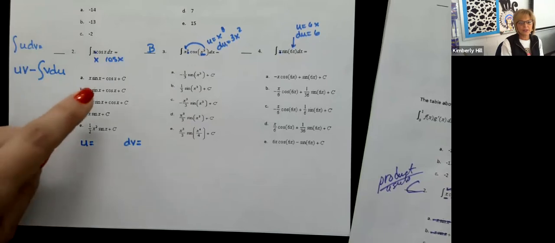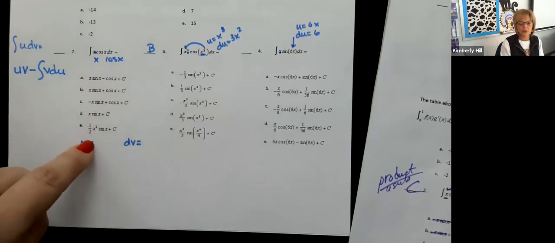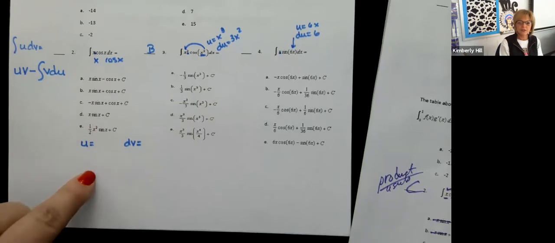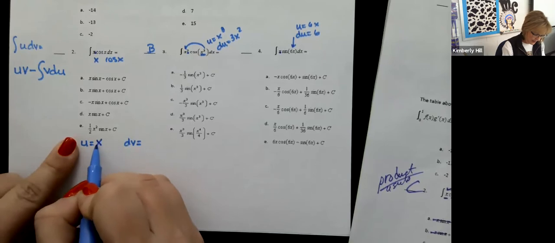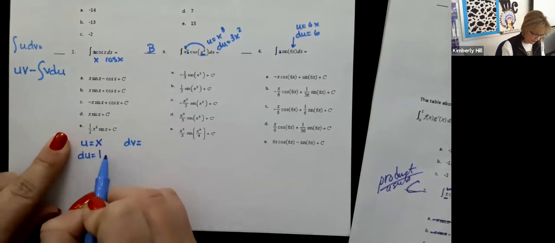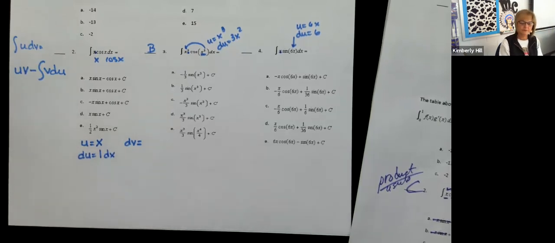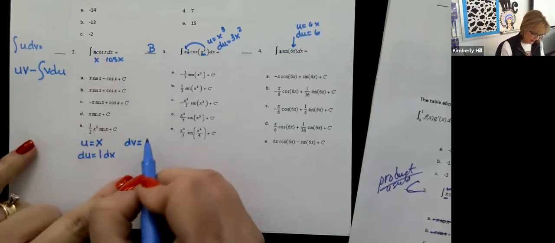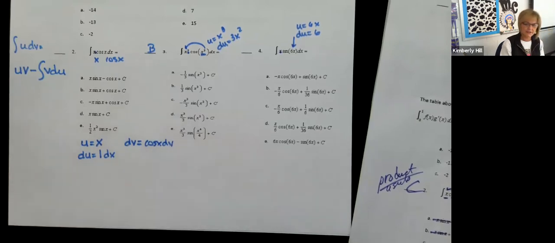I'm trying to find the one to pick for u that, if I take its derivative, is going to get smaller, hopefully. So I'm going to pick my u to be x, because when I take its derivative, it becomes 1. Now, that means cosine x has to be my dv.